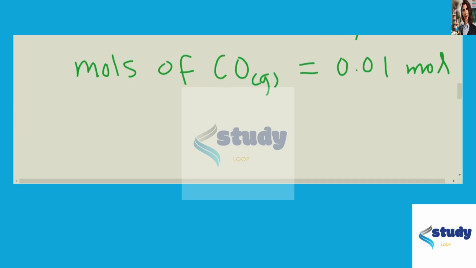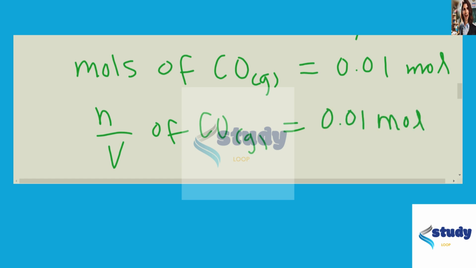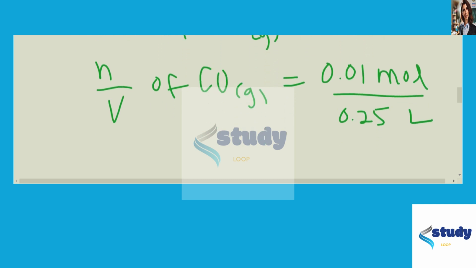And we are asked to calculate the concentration of CO gas. So what we need is n divided by V for CO gas, and that will be equal to 0.01 moles divided by 0.25 liters, and this is equal to 0.04 moles per liter.